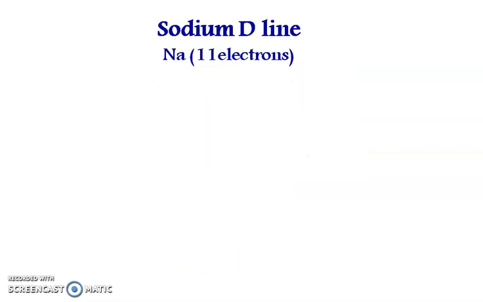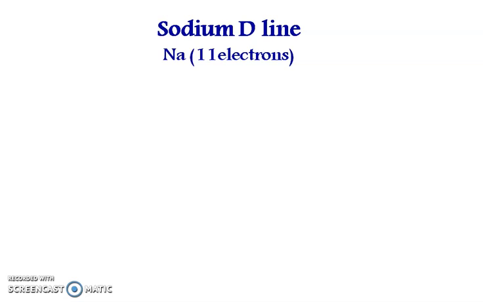Let us discuss this in depth by taking the example of the sodium D line. Sodium has 11 electrons. Out of these, 10 electrons are in a closed shell, so they will not give rise to transitions. The 11th electron, present in the outermost orbit, gives rise to the transition from a higher to a lower state.